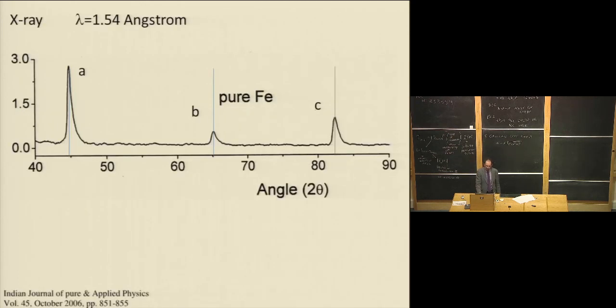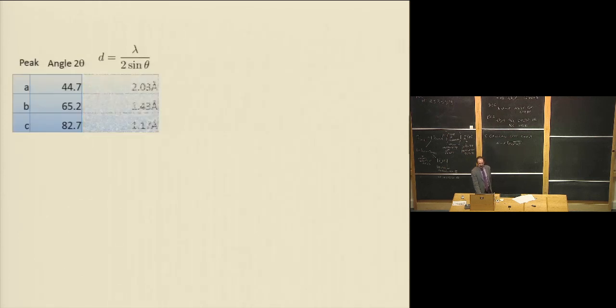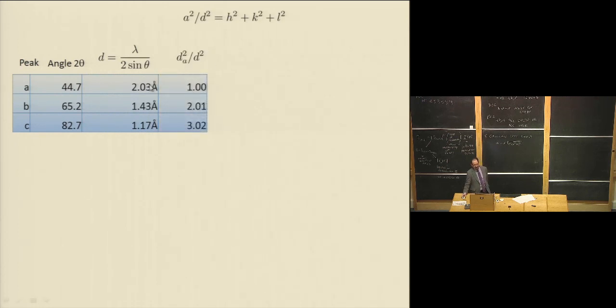So we go through the same exercise of measuring the angles, calculating the lattice plane spacing, and taking the ratio of the first lattice plane spacing to the various lattice plane spacings: d, 2.03 squared over 1.4 squared is 2, 2.03 squared over 1.17 squared is about 3. We realize those are in the integer ratios of 1, 2, and 3. So there could be 2 possibilities.